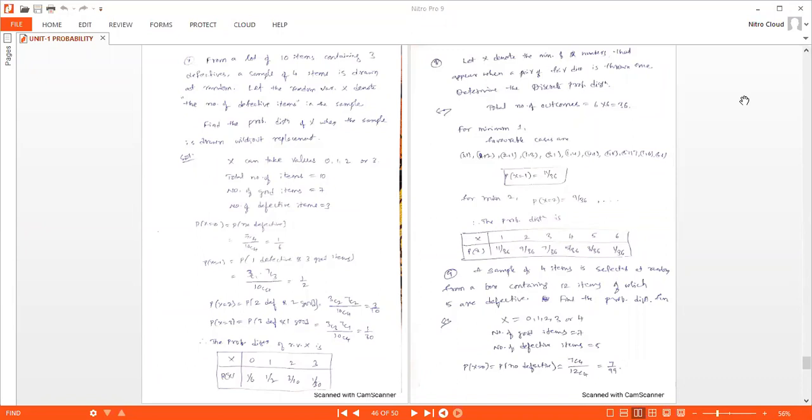So first, for minimum 1, favorable cases are, so you need to write all the combinations: 1 comma 1, 1 comma 2, 2 comma 1, 1 comma 3, 3 comma 1, 1 comma 4, 4 comma 1, 1 comma 5, 5 comma 1, 1 comma 6, 6 comma 1.